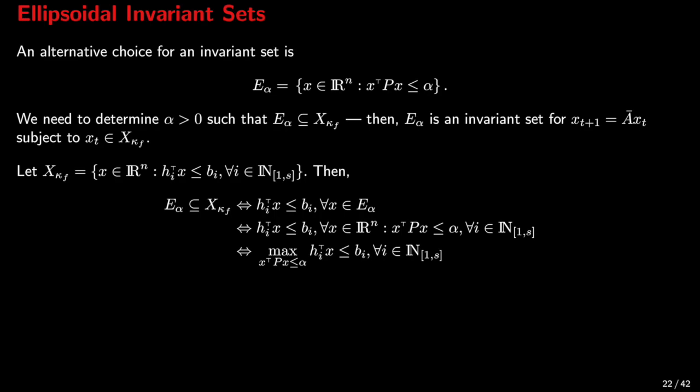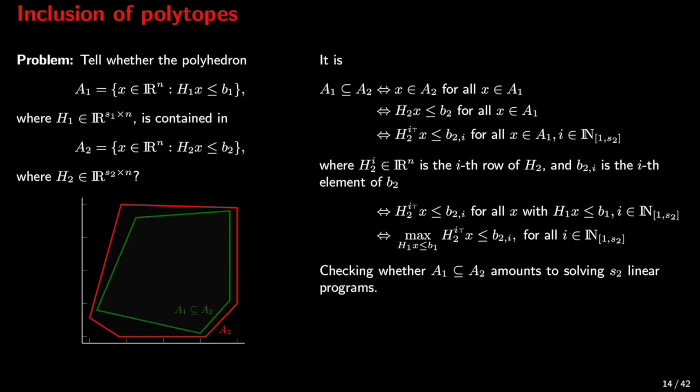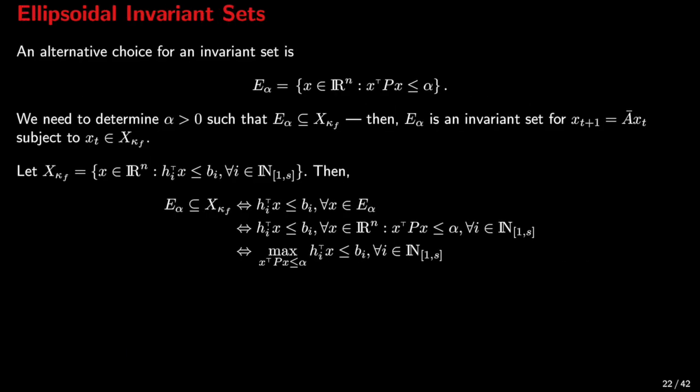Now, if we follow exactly the same procedure as before when we talked about inclusions of polytopes, we end up with the condition that the maximum of h_i transpose x over all x that satisfy x transpose P x less than or equal to alpha is less than or equal to b_i for all i from 1 up to s.